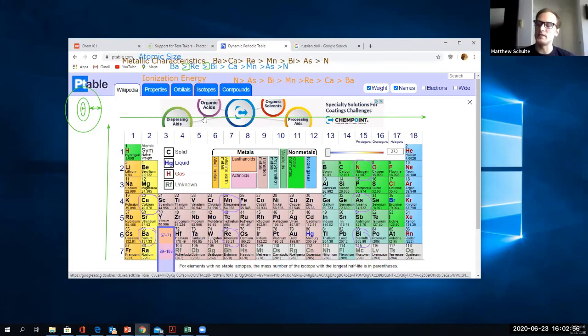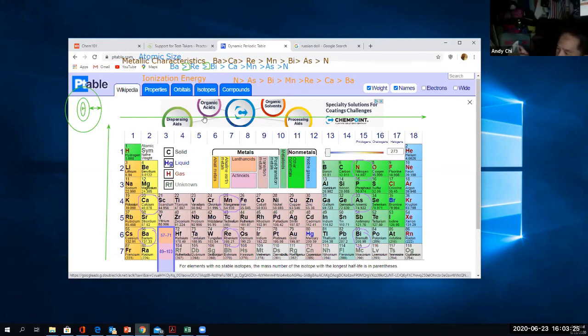You said for metallic characteristics the periods are the priority? No, for metallic characteristics, the groups have priority. And it's also the priority for ionization energy. Yep. Okay, thank you.